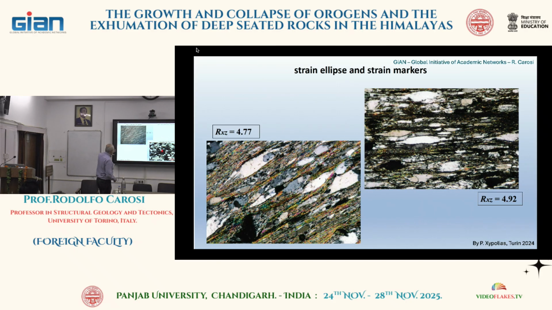Okay, this is a good deformed rock for strain analysis, but not this, because in this thin section you can see that the quartz has been recrystallized, so the original crystal has been lost, and then you can see mobile grain boundaries like this, undulose extinction, and so this kind of quartzite is not good to calculate strain.